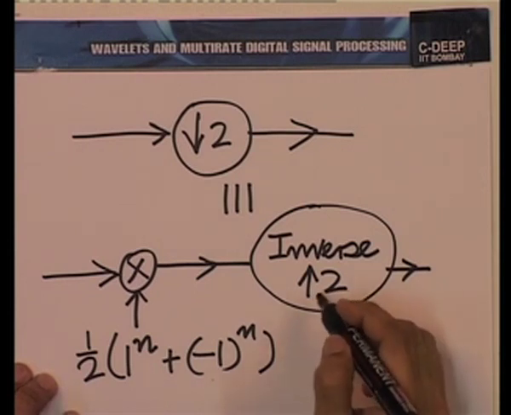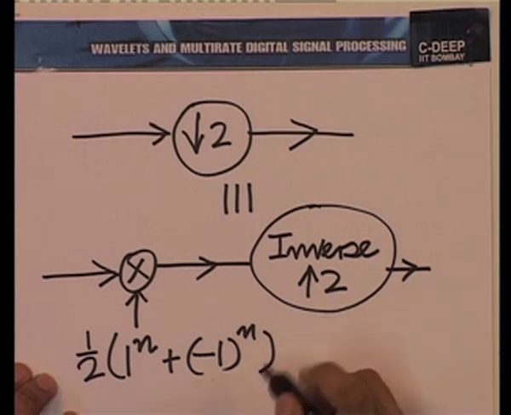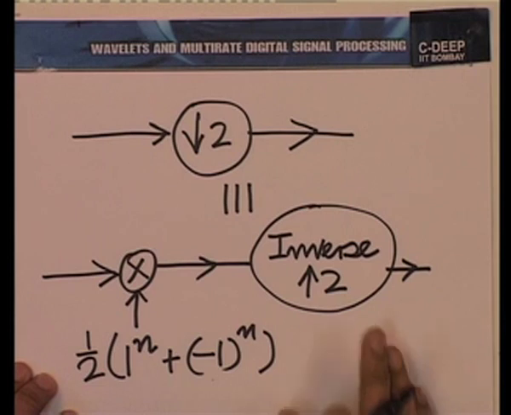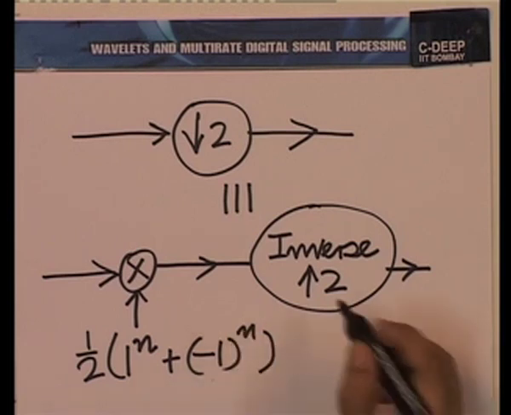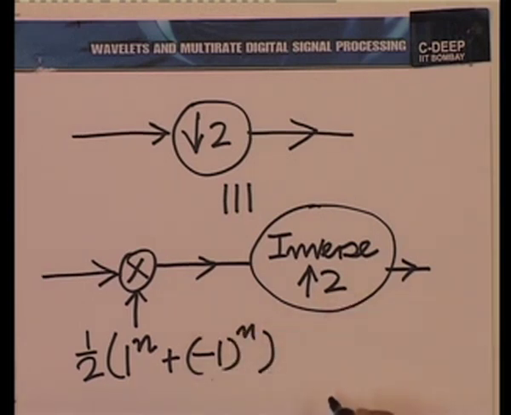We had noted that upsampling by 2, or upsampling by any integer factor for that matter, was an invertible operation. And in fact, this is also evident in the Z domain. And therefore, we can talk about the inverse here.